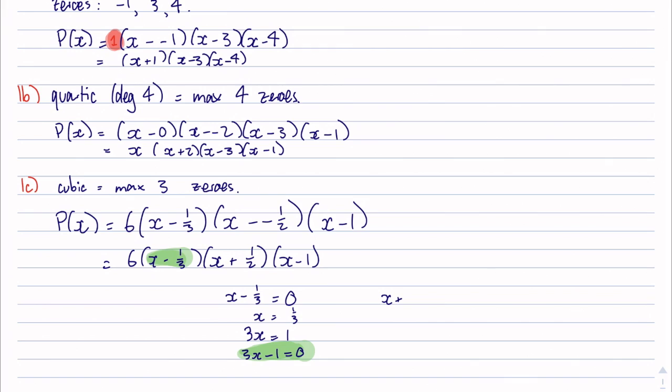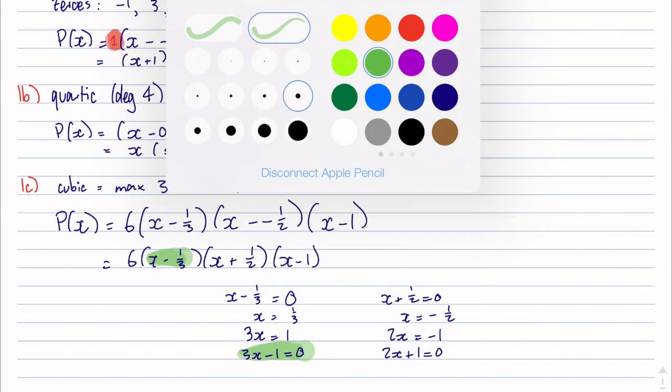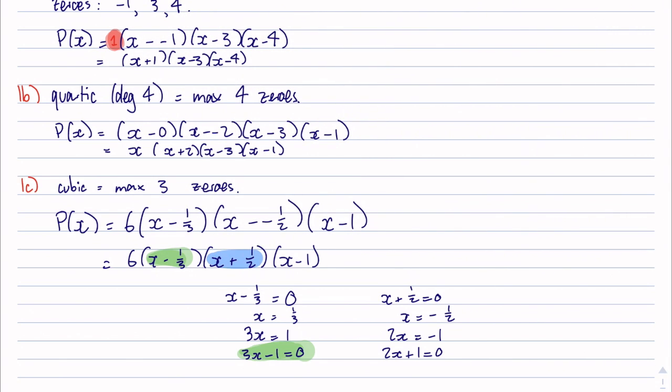So x plus a half equals 0, x equals negative a half, 2x equals negative 1, 2x plus 1 equals 0. So we're going to replace this with this. Don't have to do it to any of the others because they don't have fractions. So we've got 6 outside of 3x take 1 and 2x plus 1 and x take 1. That's question 1.